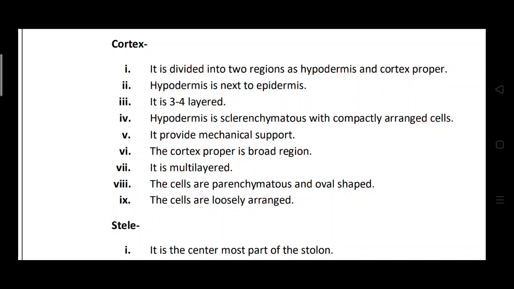The cortex is divided into two parts, that is hypodermis and cortex. In the hypodermis there are sclerenchymatous cells which are compactly arranged and provide mechanical support. The cortex region is a broad region which is multi-layered and made by parenchymatous oval shaped cells.